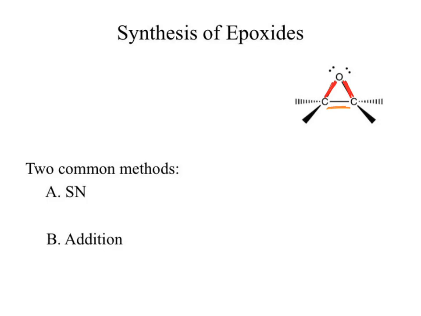Why are the two red ones more likely to be broken or made for that matter? The polarity of that oxygen. That oxygen is electronegative, drawing the electron density in those two bonds to one side or the other. That polarity is what we're going to take advantage of when we look at the chemistry for our epoxides. Okay? Just like we've been doing for the ethers and the alcohols, the same general idea.